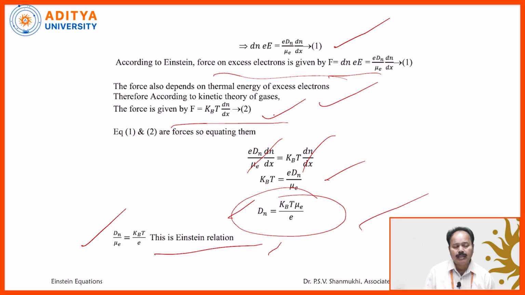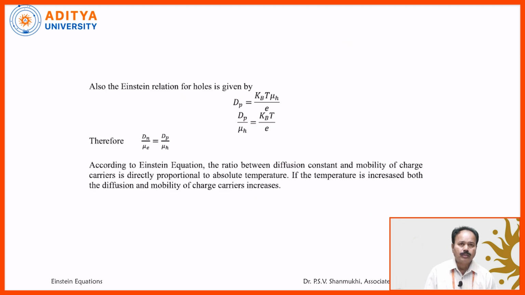Similarly, we have taken the electron concentration in an n-type semiconductor. In the same way, we take the p-type semiconductor. Instead of Dn, we get Dp. Dp by mu h is equal to kB T by E, where kB is the usual Boltzmann's constant and E is the charge of the carrier. From these two equations, what do we write?